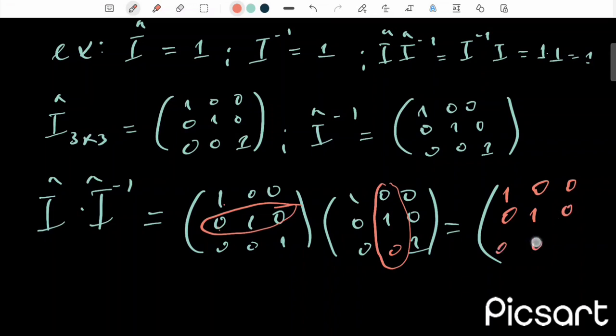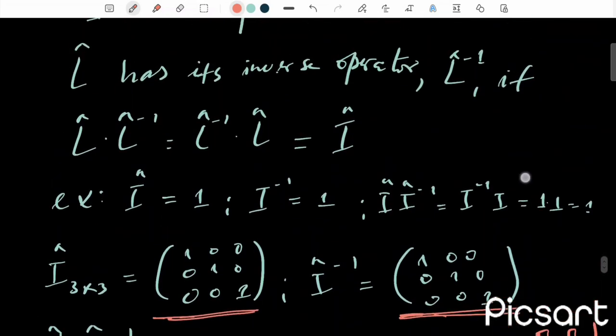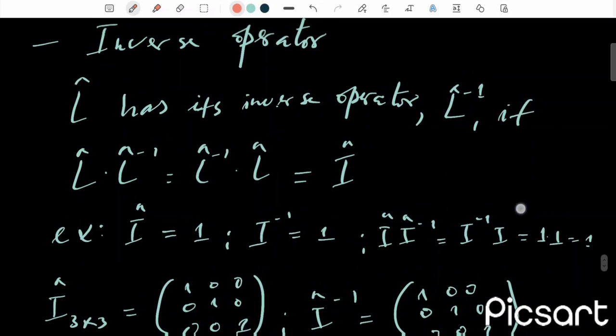Here we have 0 0 0 1, and you can use the same procedure to get the rest of this result. As we can see here, when we multiply this matrix with its inverse, we get the identity matrix.